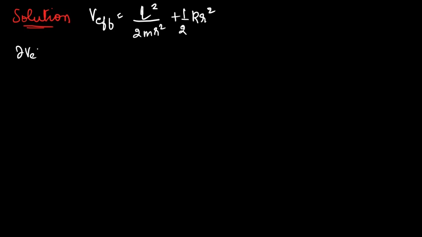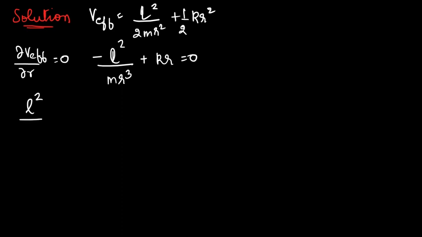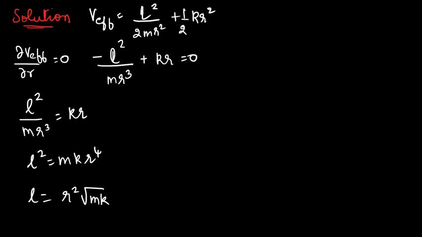I know that dou V effective by dou R should be equal to 0. So when I do that, I get L is equal to R square root over MK.